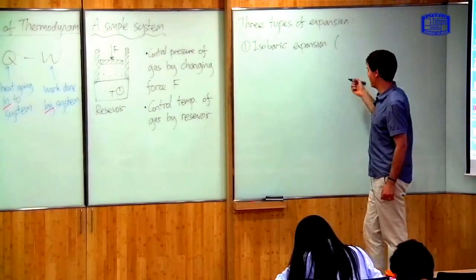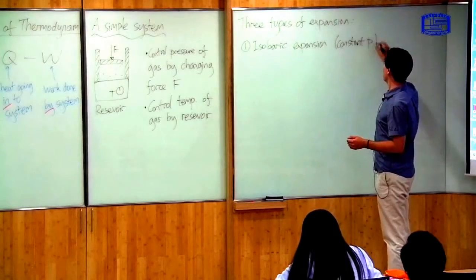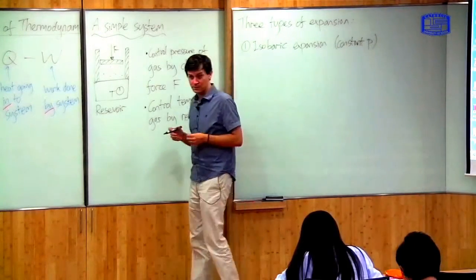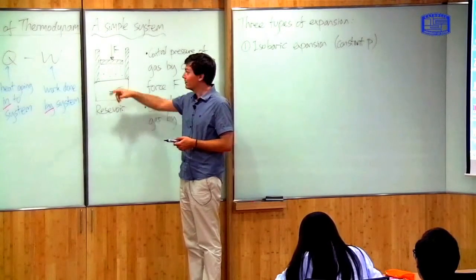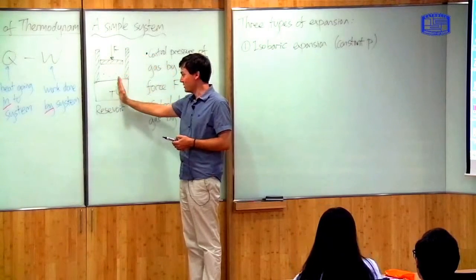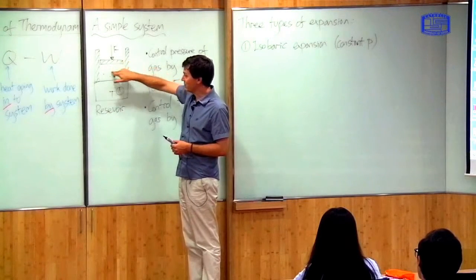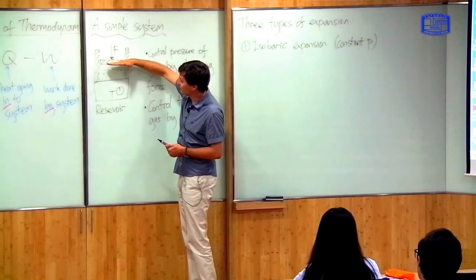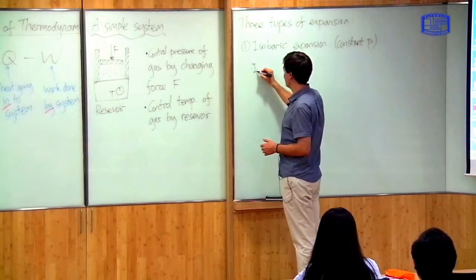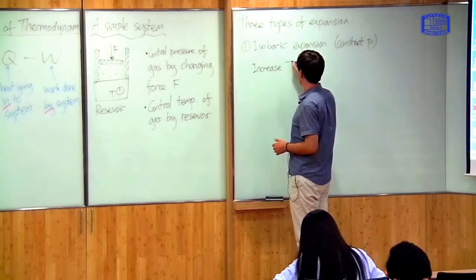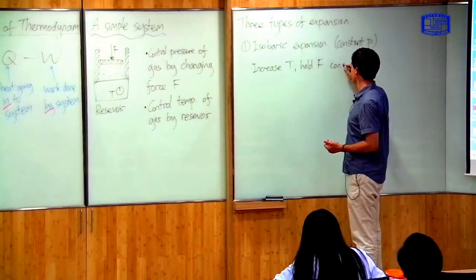It's simplest to remember: this is the expansion for which the pressure is constant. So in this case, we slowly increase the temperature on the reservoir, but we keep F constant. As we increase the temperature, heat will go from the reservoir into the gas. That will increase the pressure of the gas, and the increased pressure will push the piston up. So in this case, we increase temperature T, and we hold the force and therefore the pressure constant.